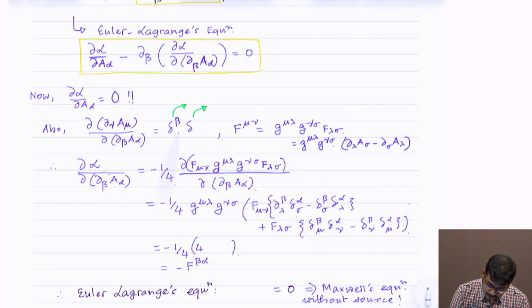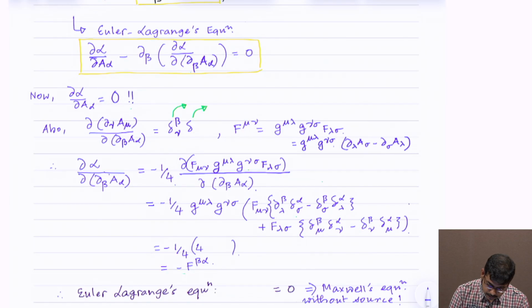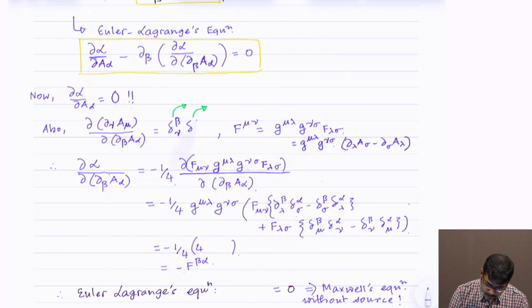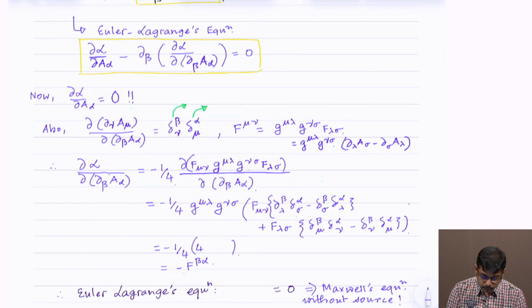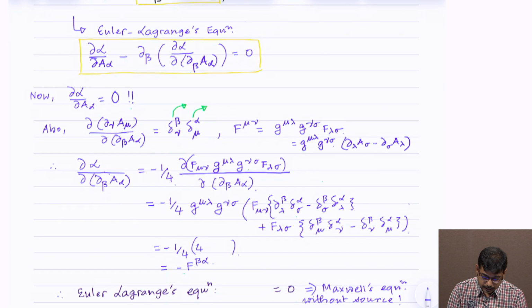So this is going to be delta beta nu, and this is going to be delta alpha mu; that is the index. So if you do del of del nu A mu, del of del beta A alpha, then this will be delta beta nu delta alpha mu.